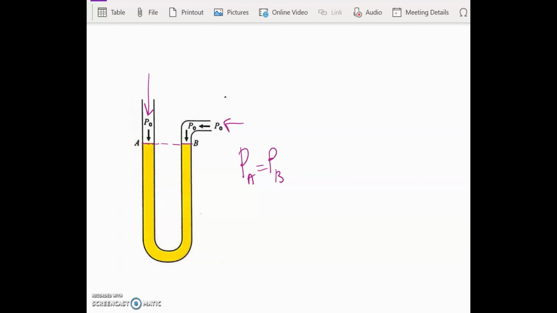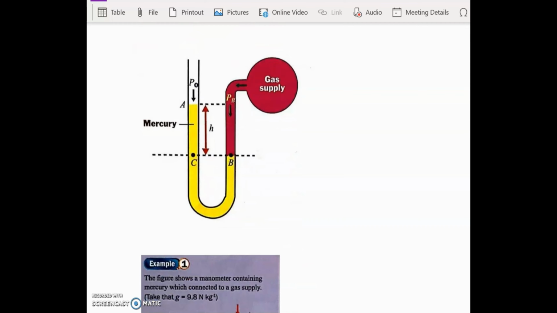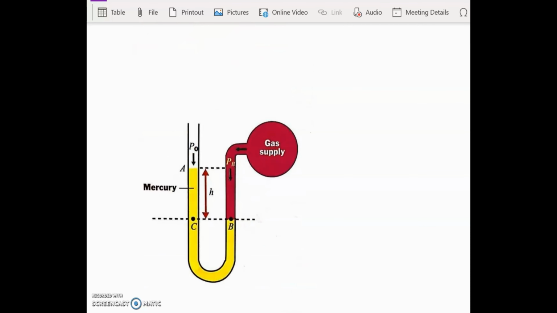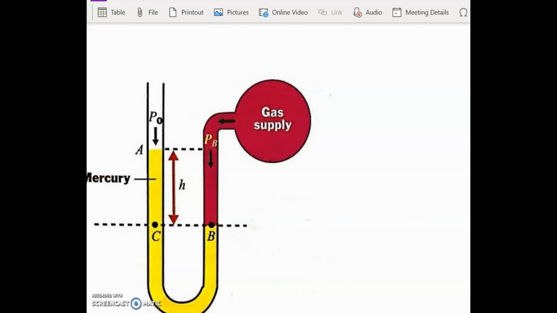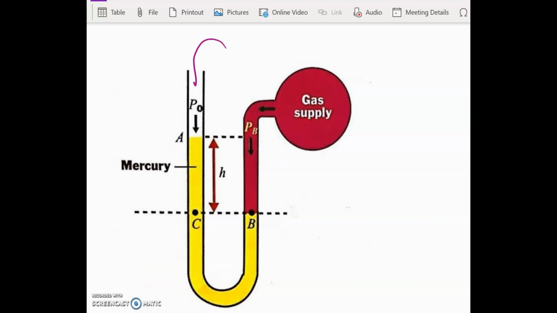Okay, what happens if we have a manometer in which the level of liquid is not the same? For example, this one. One end is open and exposed to atmospheric pressure. Another one is connected to gas supply, which means that here it experiences gas pressure.